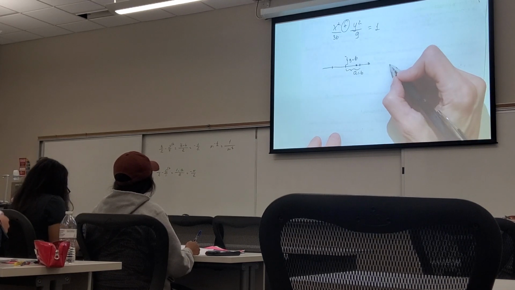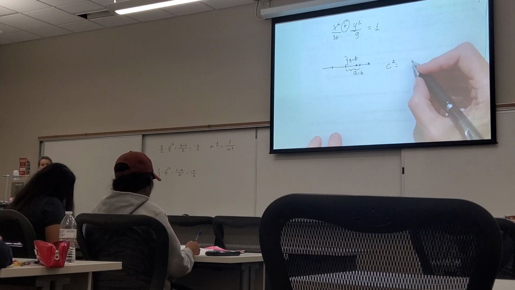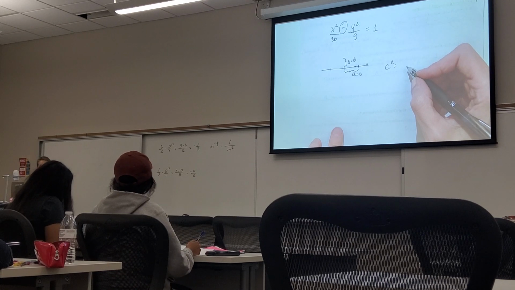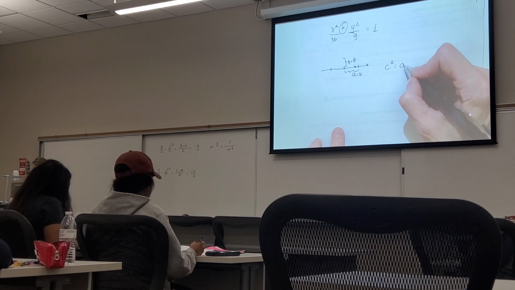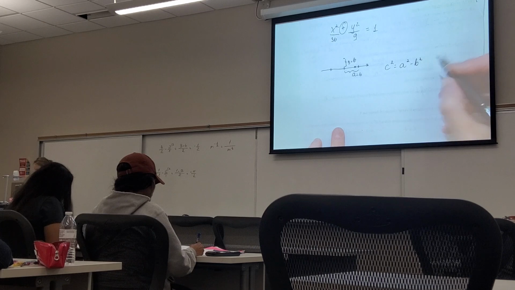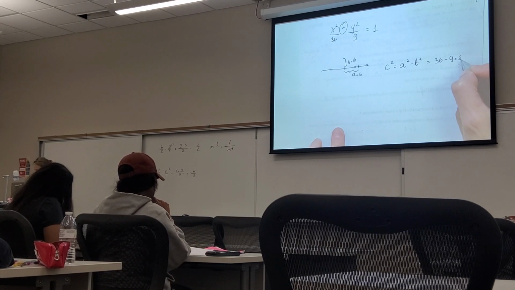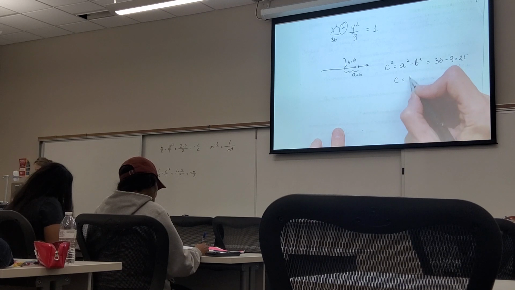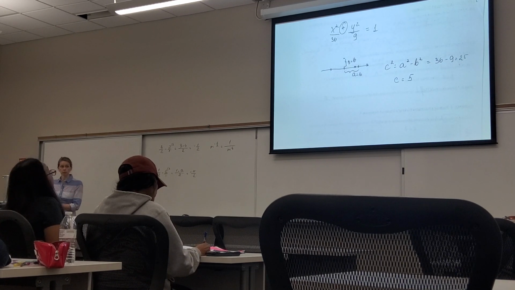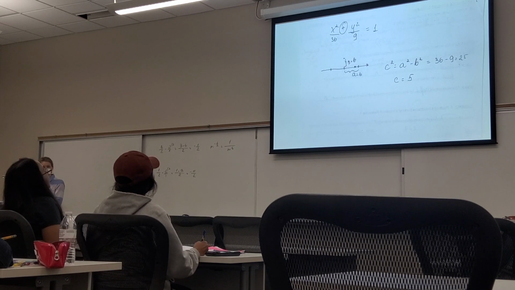We need to use the formula. c squared equals what? a squared minus b squared. And we go 36 minus 9 gives me 25. Therefore, c equals what? 5. Do you agree? Now, because it's an ellipse, yeah? And we talk about eccentricity.